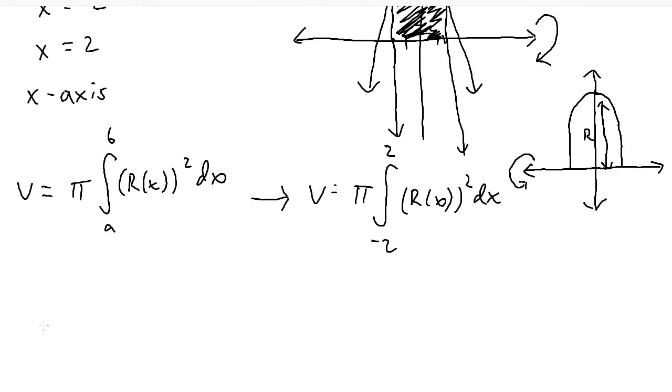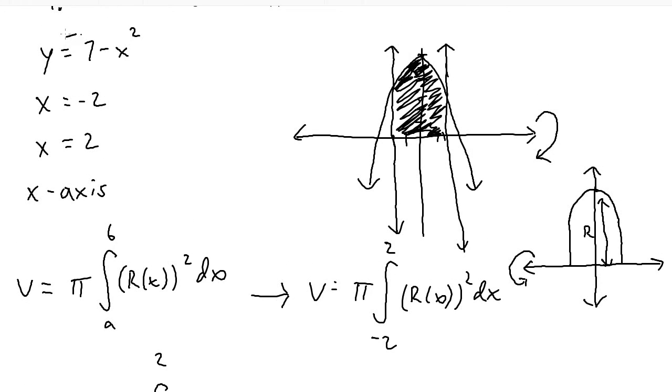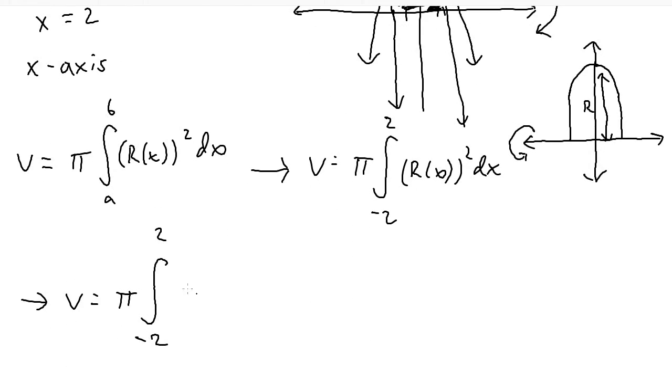If I plug that into the formula, we get the volume equals pi times the integral from negative 2 to 2, which are our two bounds, of r of x, which is 7 minus x squared. And remember, r of x is squared, so we put that entire function, 7 minus x squared, squared, dx.